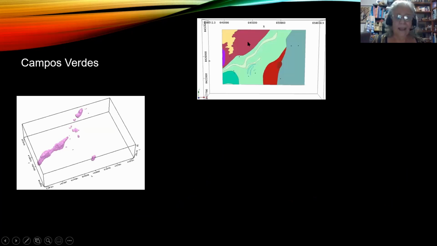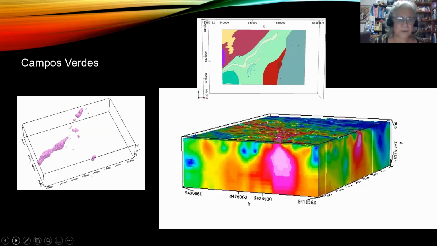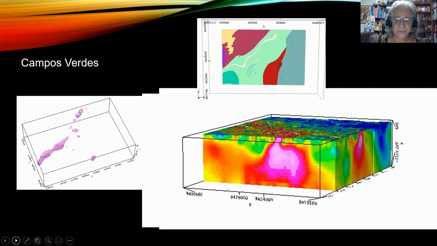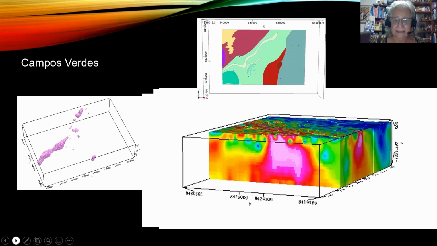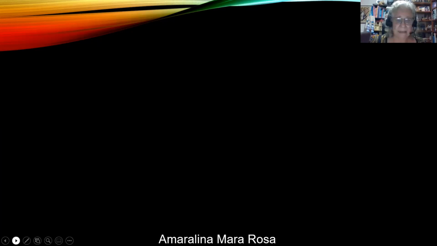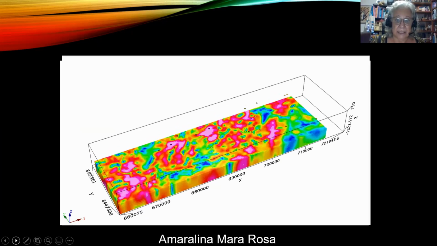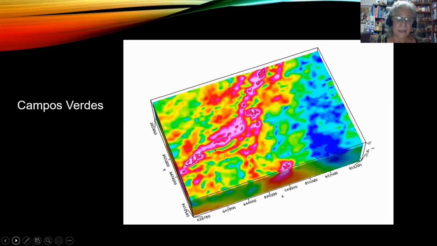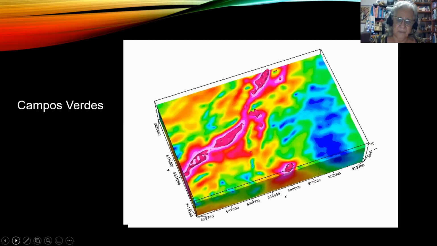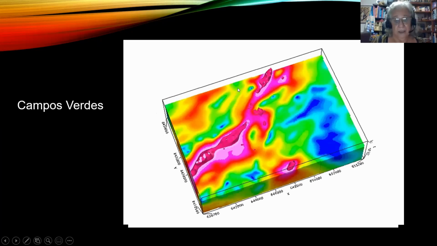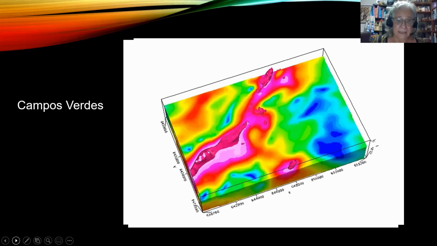So here is the answer from Campos Verdes. And sliding to look, this is Maralina Marajosa. Also now I'm cutting in depths, looking at the model in depths. And at Campos Verdes, I'm looking at the bodies that we think will be the mineralized bodies.